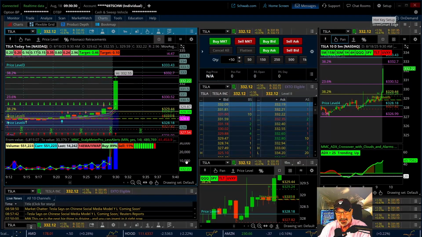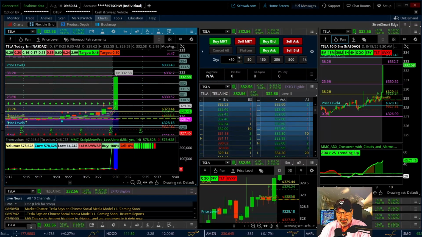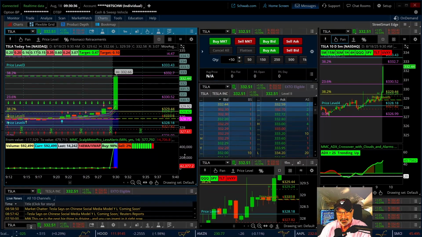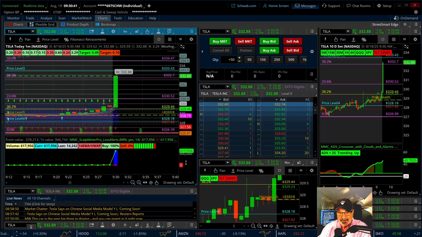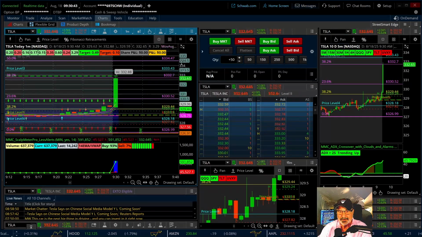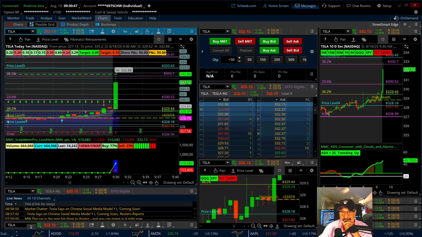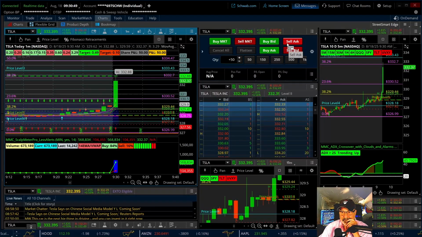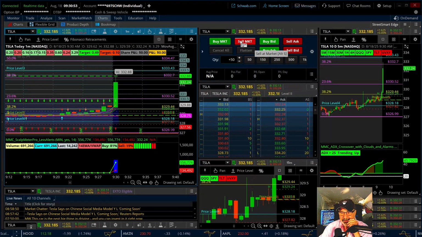Don't really want to short that right now, guys. Not with that kind of move. But it does seem to be stalled. Seems to be pulling back.